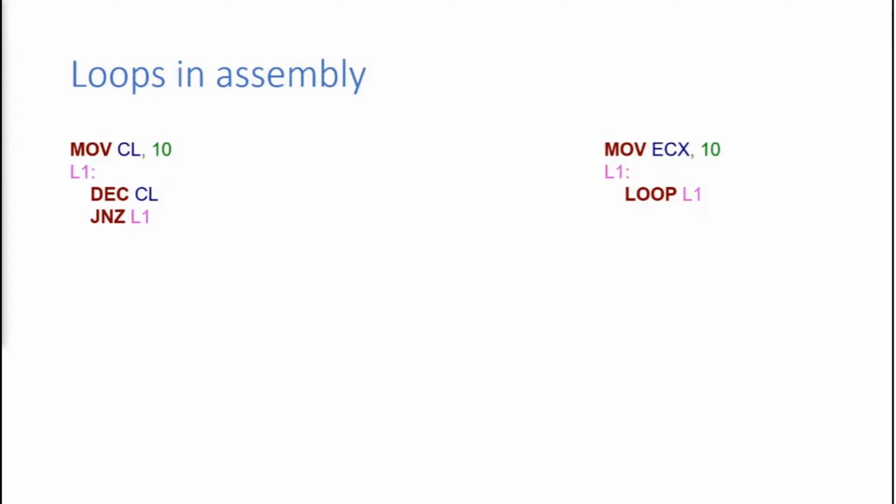The loop instruction assumes that the ECX register contains the loop count. When the loop instruction is executed, the ECX register is decremented and the control jumps to the target label, until the ECX register value, that is the counter, reaches the value 0.